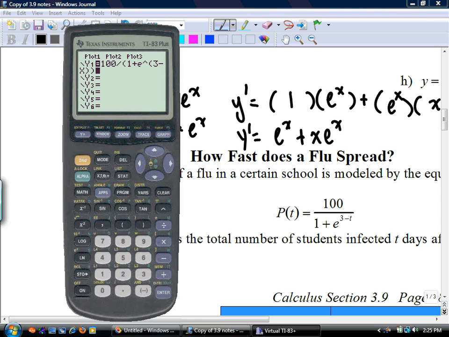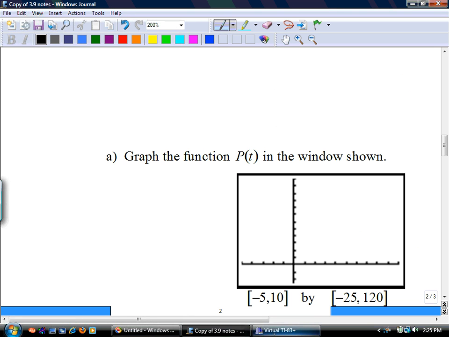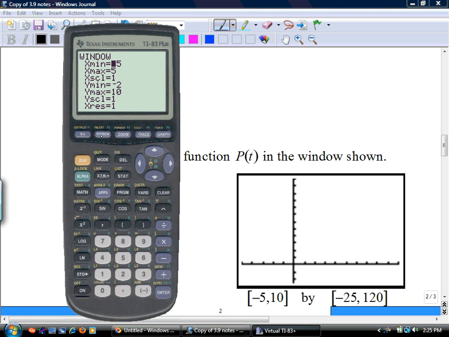Yeah? Got that in right? What are the window settings? They're on the next page. Oh, there they are. Window! Window! -5, 25, 120. So we graph that bad boy.